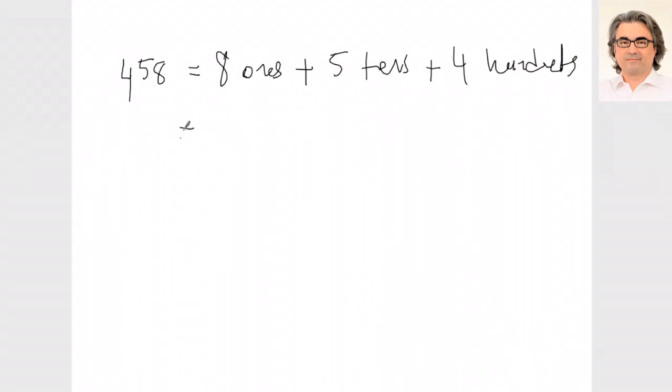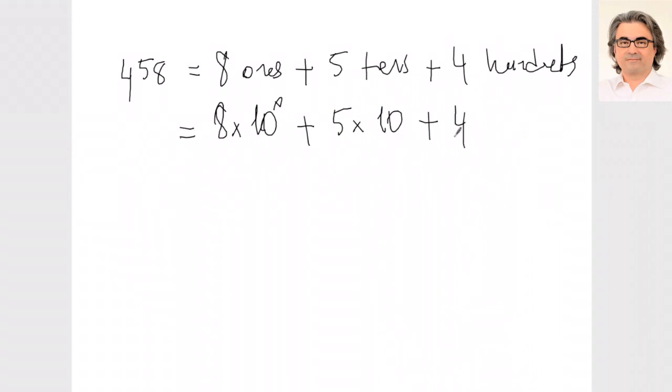It means, what does ones mean? It's 1, 10 to the power of 0. So I have 8 times 10 to the power of 0 plus 5 tens. It means 5 times 10 to the power of 1 plus 4 hundreds.